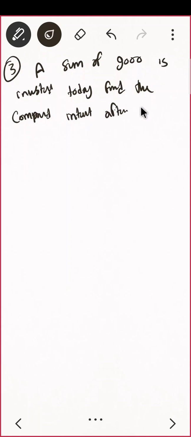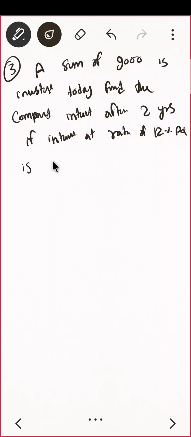Let's do one more. A sum of 9000 is invested today. Find the compound interest after 2 years, if interest at the rate of 12% per annum is compounded quarterly.